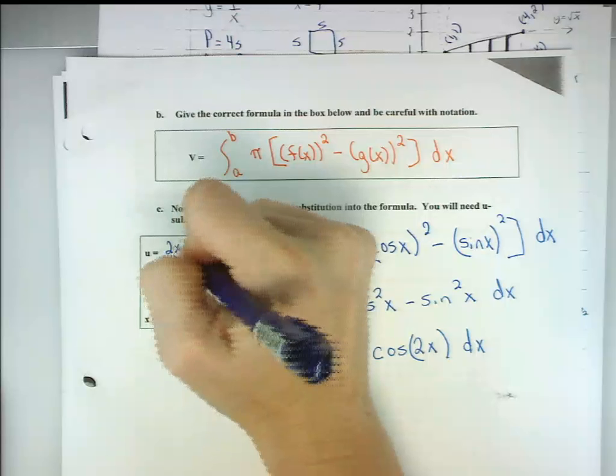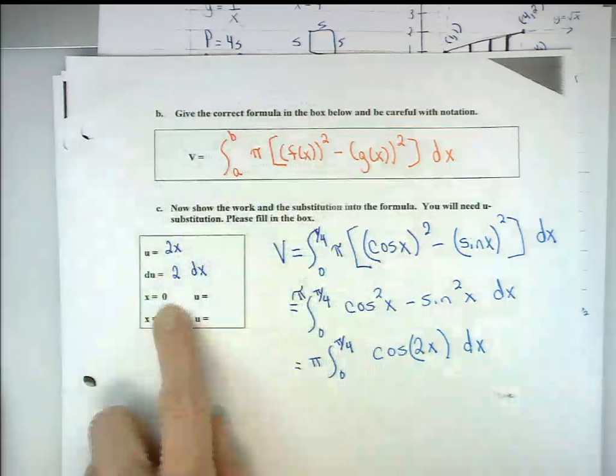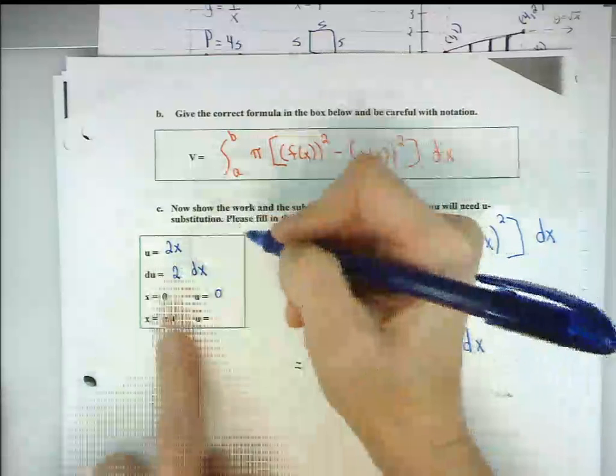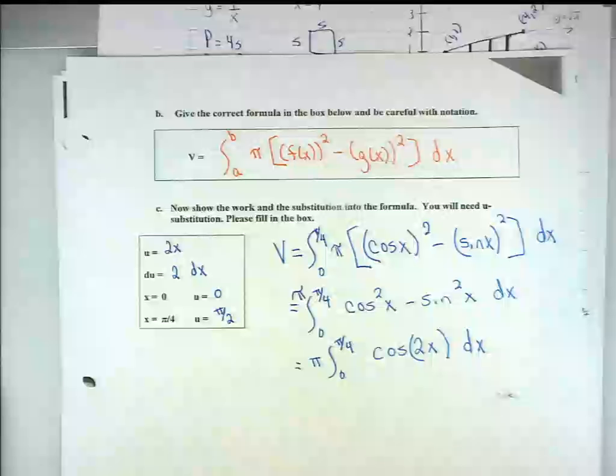u is 2x, du is 2dx. If x is 0, then u is 2 times 0, or 0. If x is pi over 4, 2 times pi over 4 is pi over 2. I need a 2 on the inside and a 1/2 on the outside.